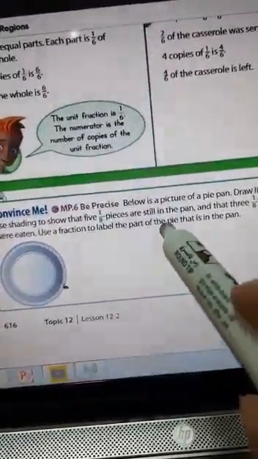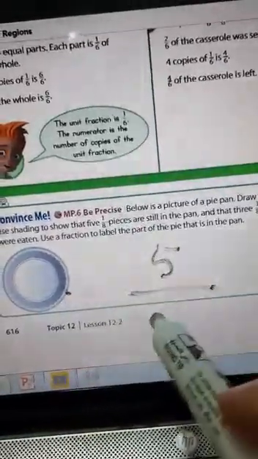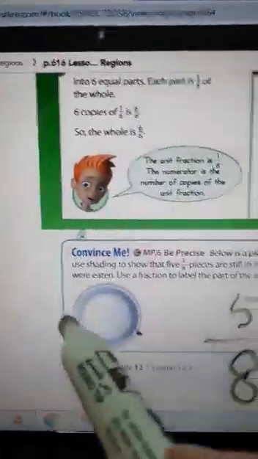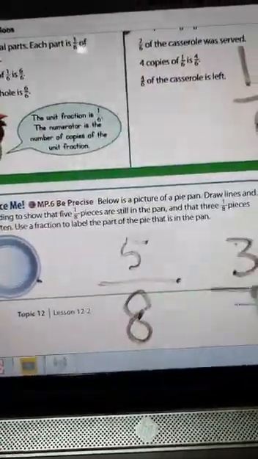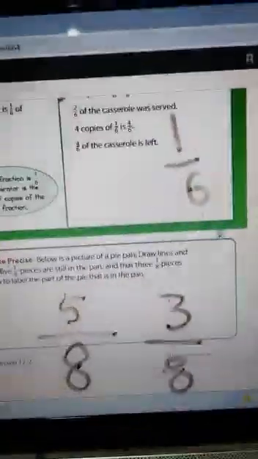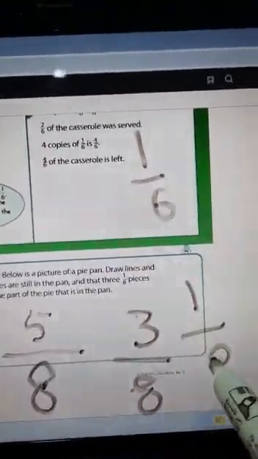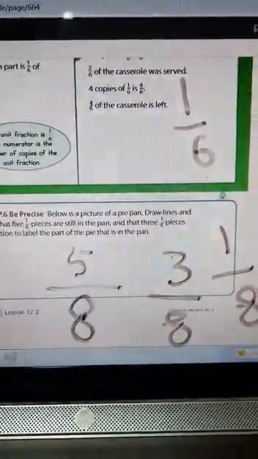So you write 5 of 8 left. If they are asking how many served, you will say 3 of 8. If they said a whole one unit part, you will say 1 of 8. Do you understand? This is the difference between each one of them.